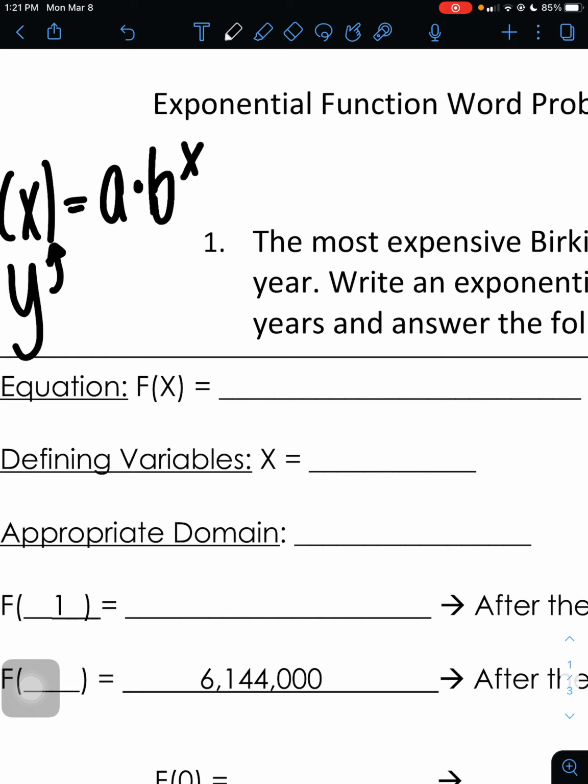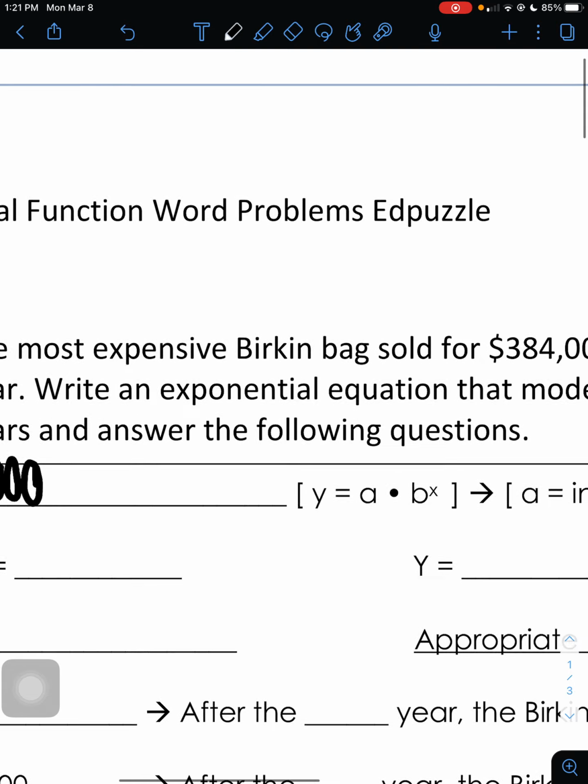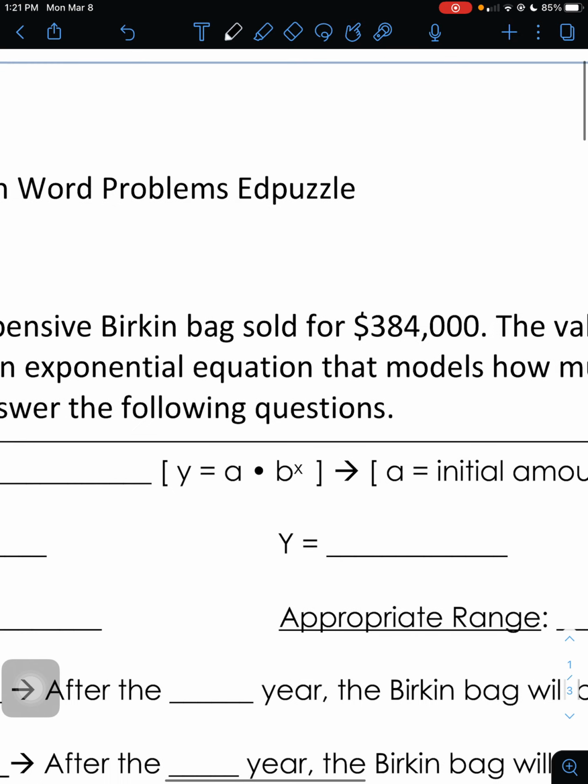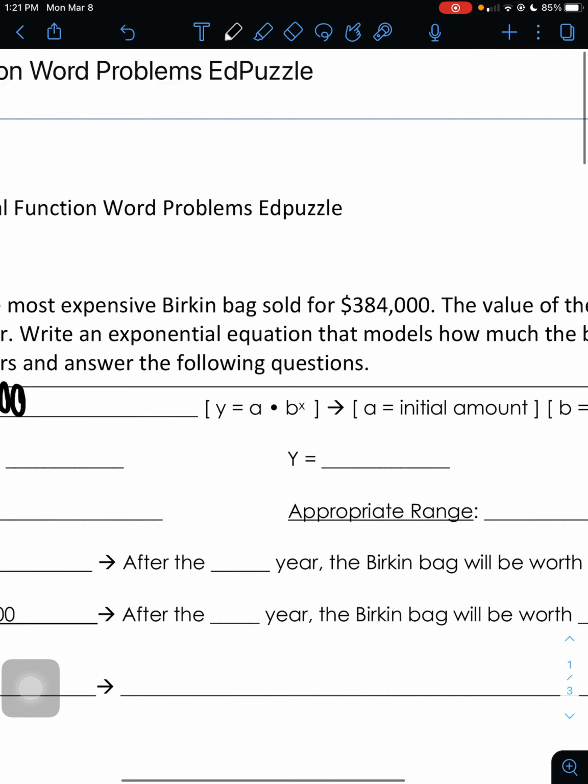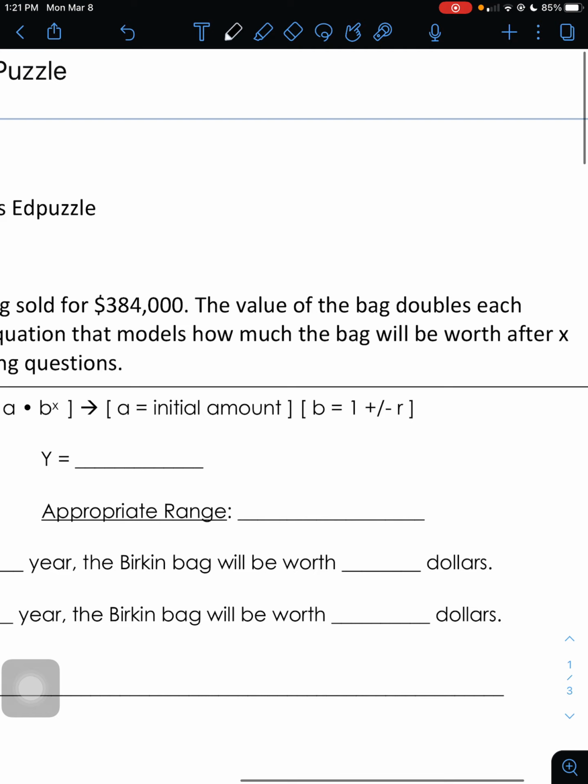A is just going to be that initial cost of the Birkin bag. How much did we buy it for? We bought it for $384,000. So this is our initial amount. That's our a. And then is there a word in this word problem that lets us know how fast we're growing each year? Hopefully you guys are saying doubles, Ms. Hawkins.